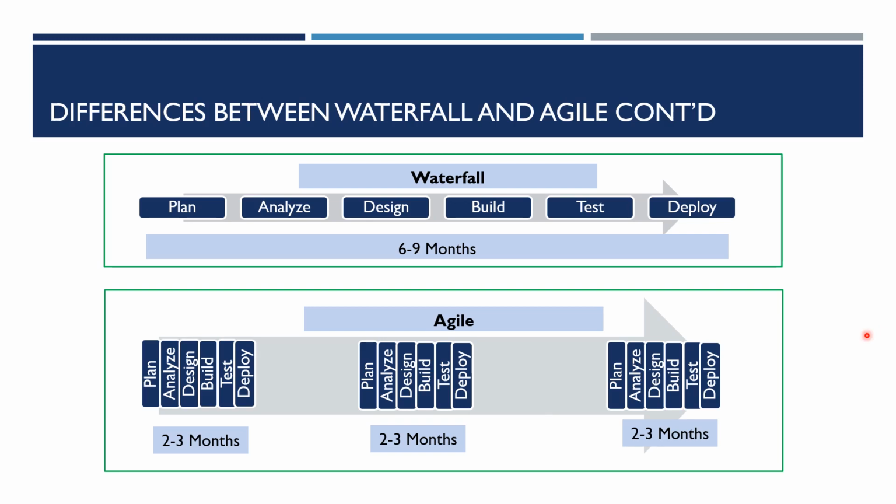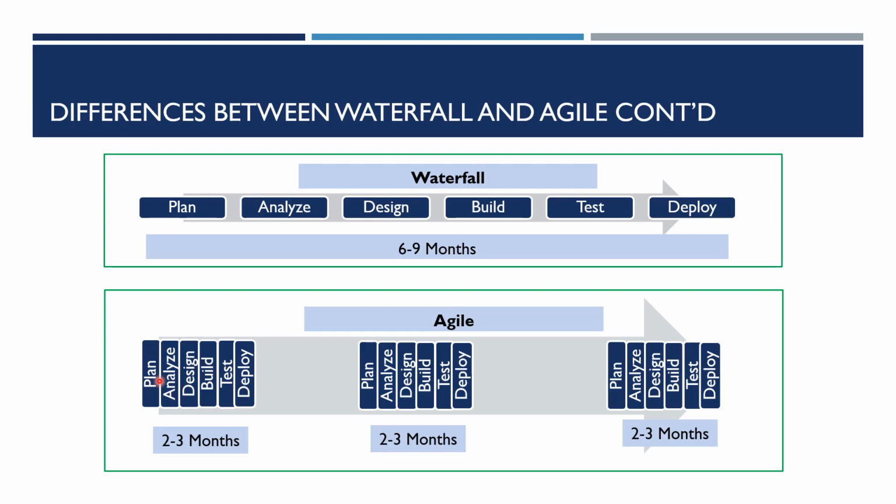So this is really the difference. In Agile, we have the short releases. We do all of these phases in the release. We do the planning, analyze, design, build, test, and deploy.